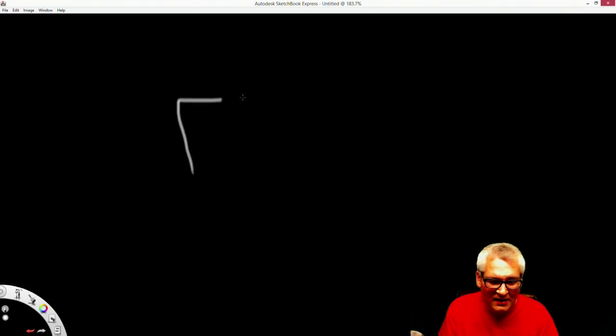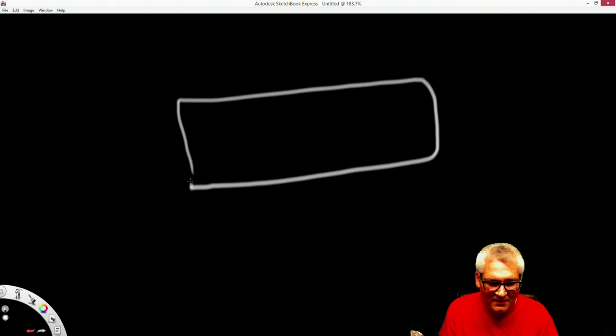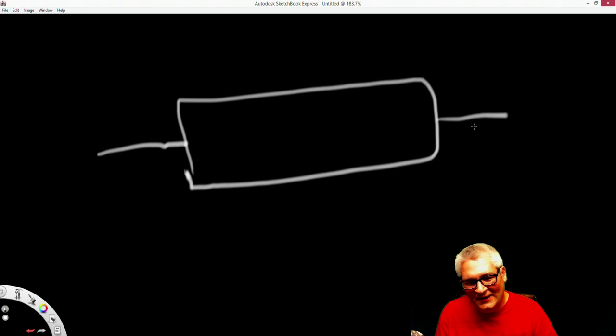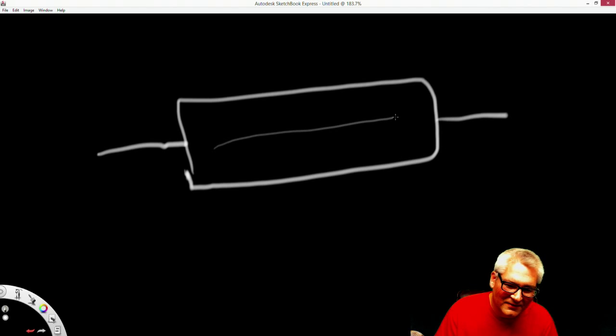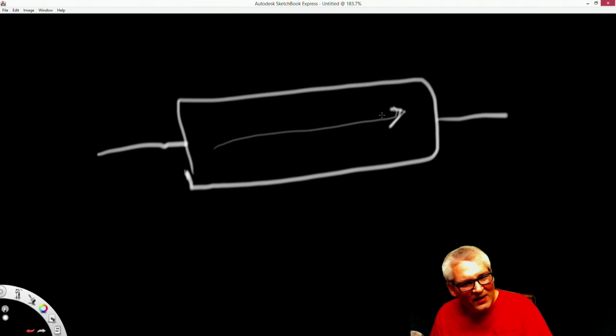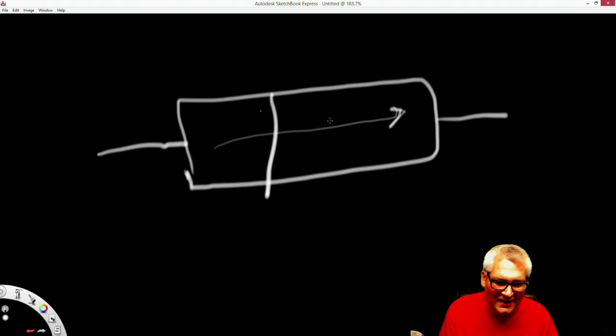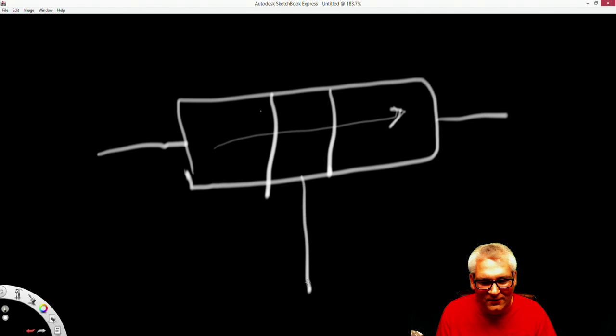It looks a lot like a resistor. There's an input and an output. Electricity flows through the transistor. But there's one thing that's added that's different from a resistor, and it's actually like a third leg. It's the third wire right here.